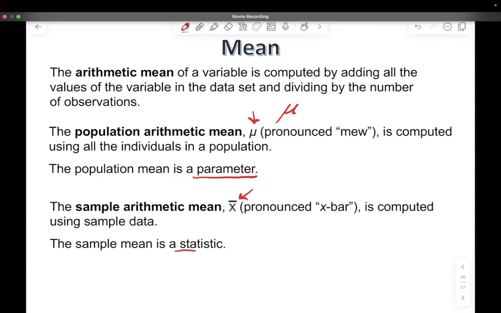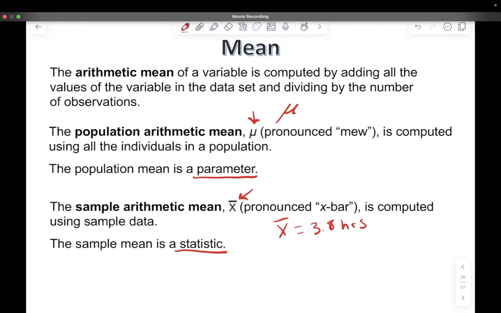And this would be a statistic because we are using sample data. So if we had a population of however many students we have at RCC, and I took 50 of them and averaged the amount of time they studied, I would use x-bar. I would say x-bar equals 3.8 hours per week. It's a number I just made up. So that would be a sample mean.